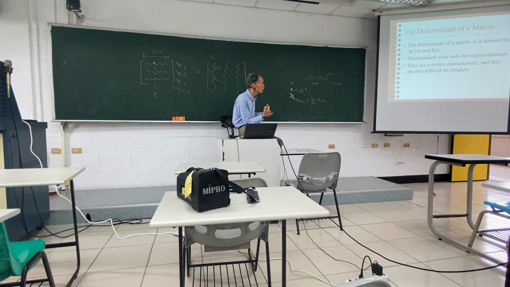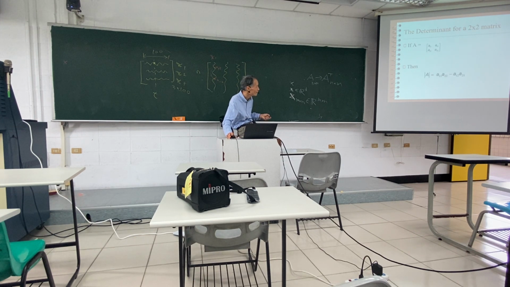When you try to calculate the determinant, this matrix must be square, a square matrix, which means the number of columns equals the number of rows. 行列都要一样，你才可以算它的行列式.